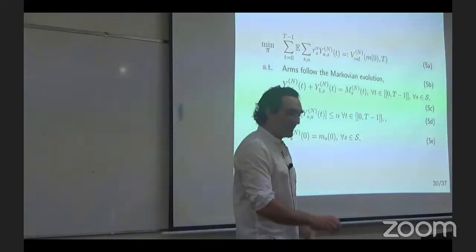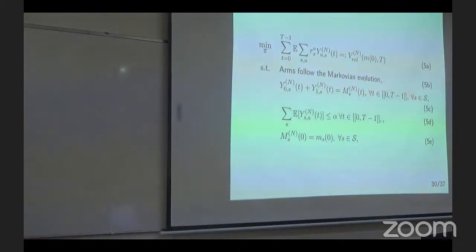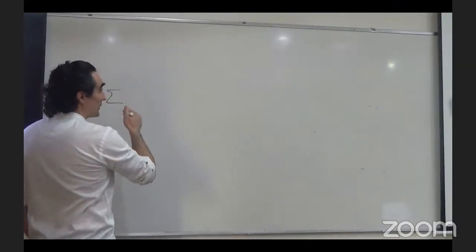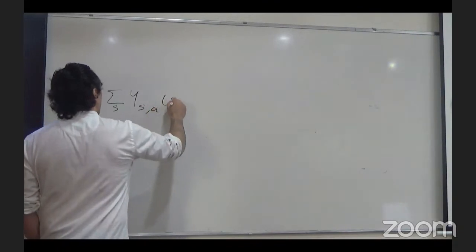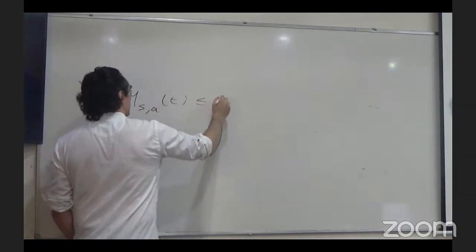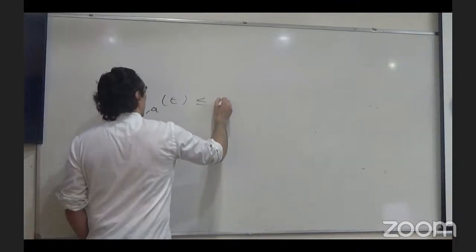Perhaps if I have to write it down, this is constraint 5D. Before, what we wanted to optimize, the constraint that we have to satisfy, is this one, right? Remember that this is a random variable. So we want to satisfy this constraint, and this is a random variable.